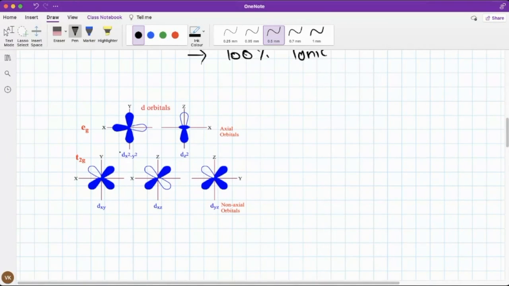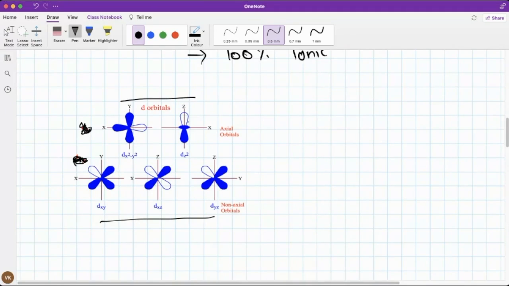Here if you see dx square minus y square, you see the axis, and here dz square, you see the axis, whereas for dxy, they are in between the axis. So you see these three are in between the axis, whereas these two are along the axis. Don't worry about this right now.